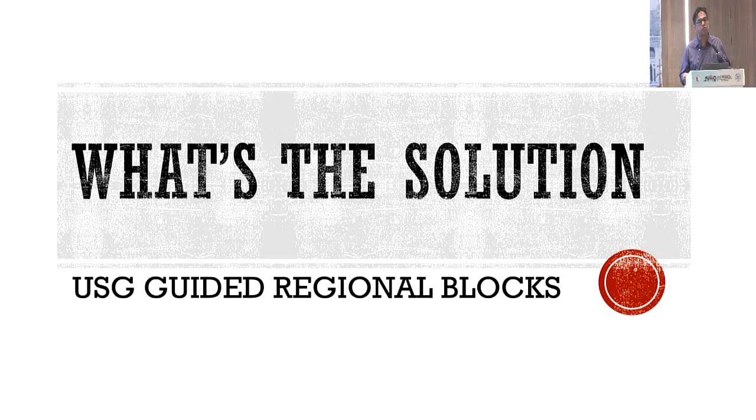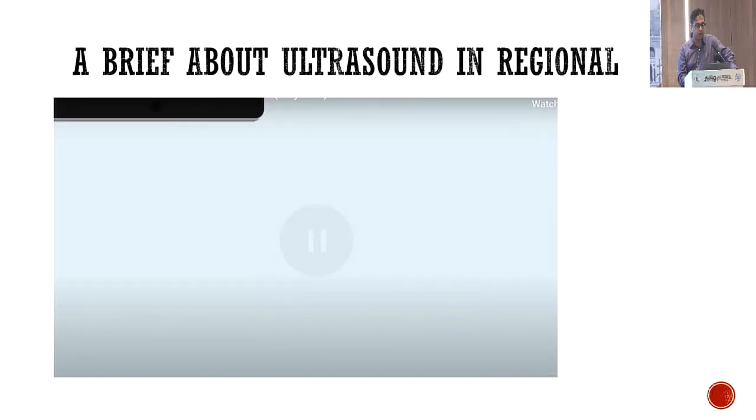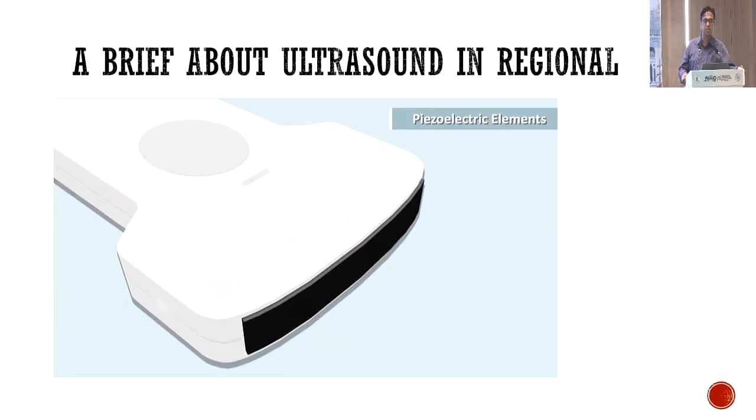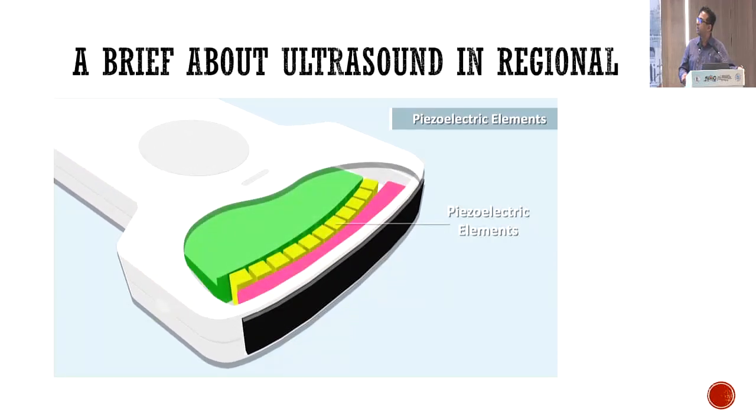For those who are ophthalmologists here, this might be a new thing to you. So I would like to inform you very briefly about what ultrasound is and how we use it. Ultrasound basically consists of a transducer which has piezoelectric crystals, which when stimulated get vibrated and produce sound waves.